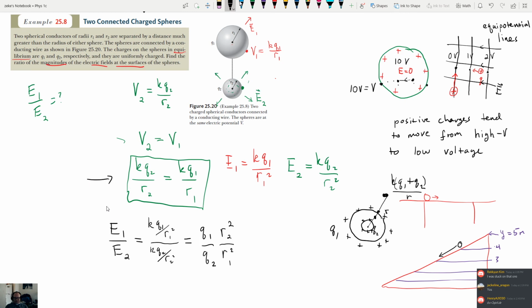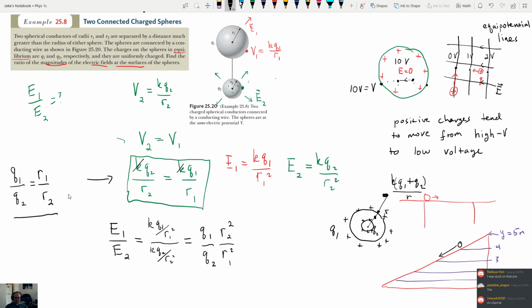Now is where we can take advantage of the electric potential equation. If we cancel out the k's, it tells us what the ratio of Q1 over Q2 is. Q1 divided by Q2, just take this Q2 and divide it here and take the R1 and move it up here, should be equal to R1 divided by R2.